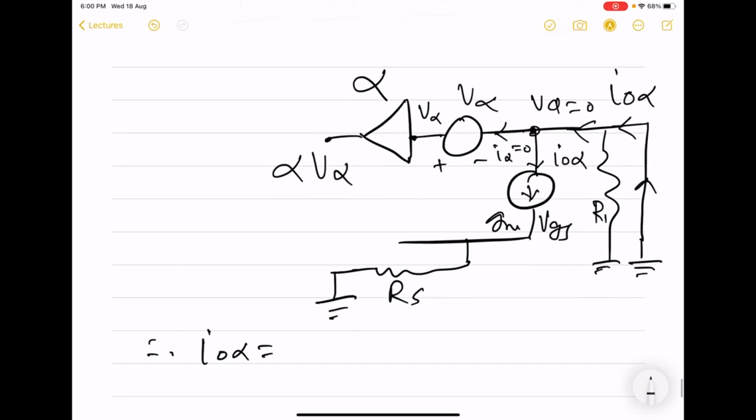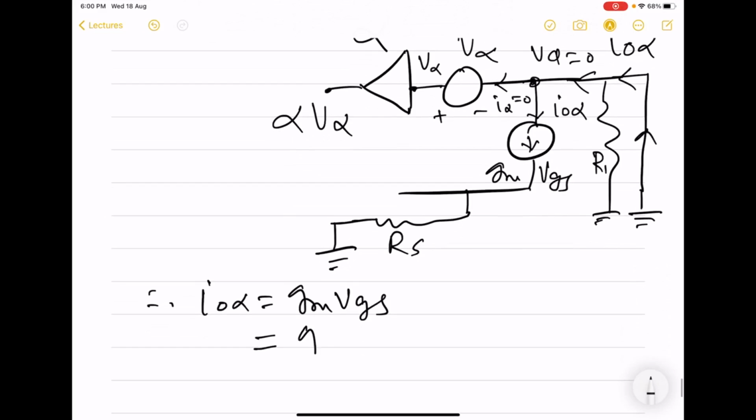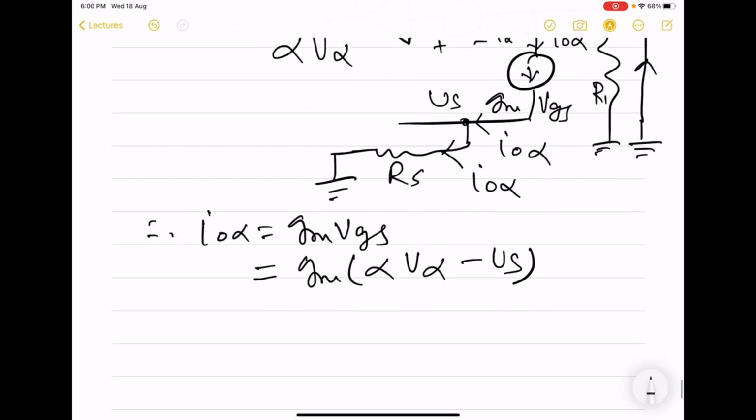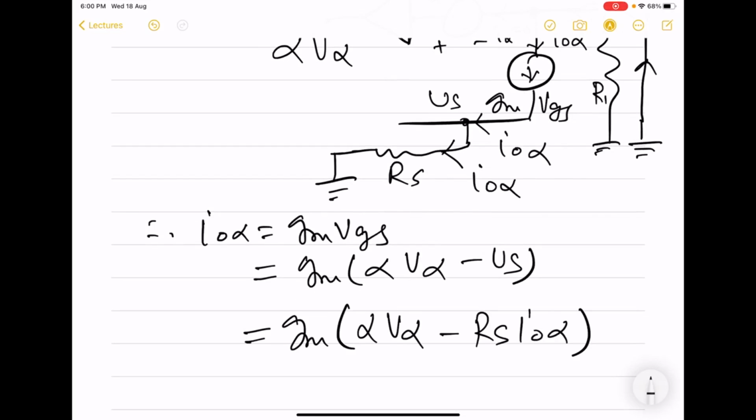Therefore, IO alpha is equal to GMVGS, and the gate voltage is alpha into V alpha, and here we have minus Vs, and the same current flows here also, and it is responsible for Vs. So this is GM alpha V alpha minus RS IO alpha.